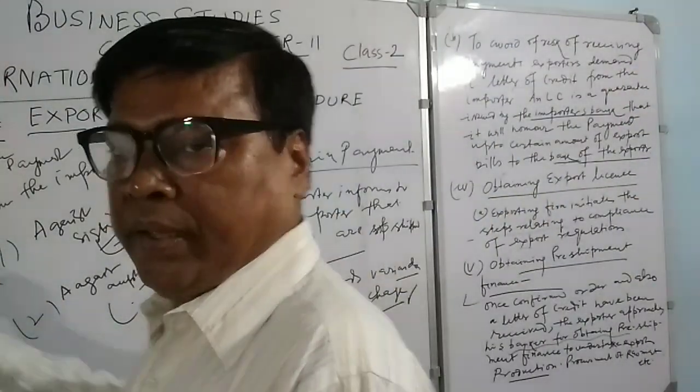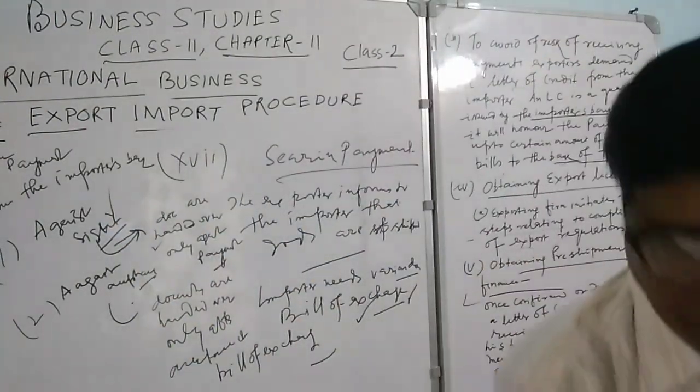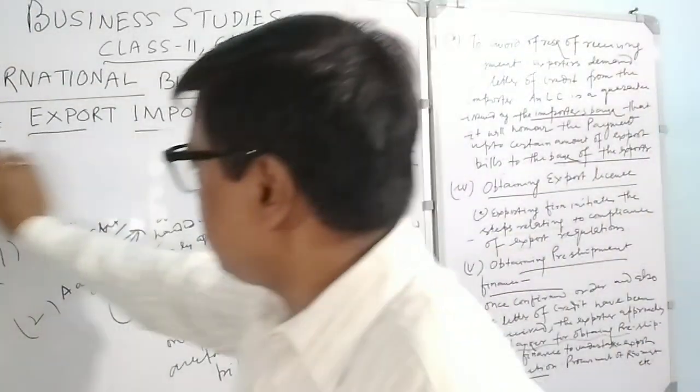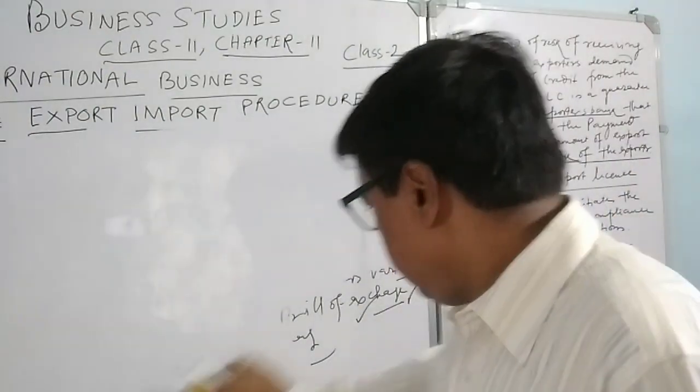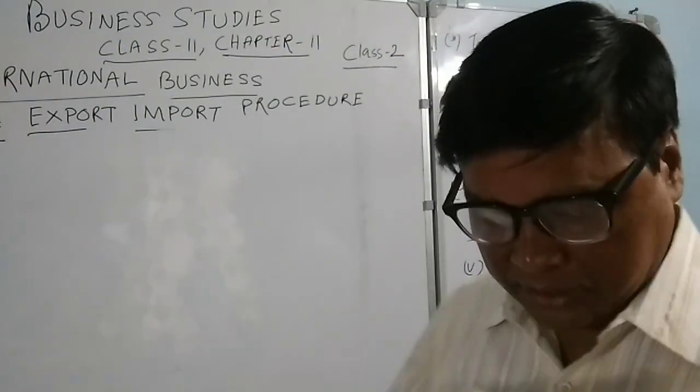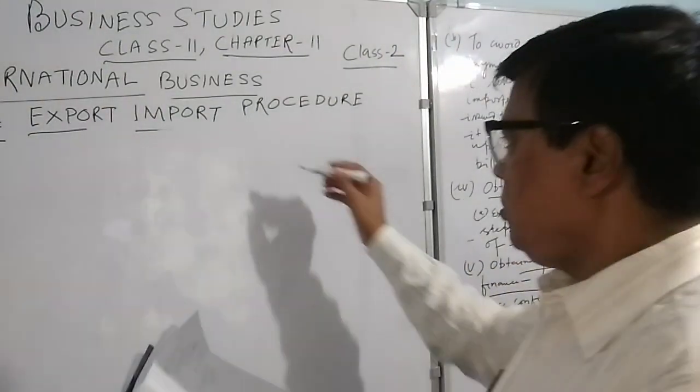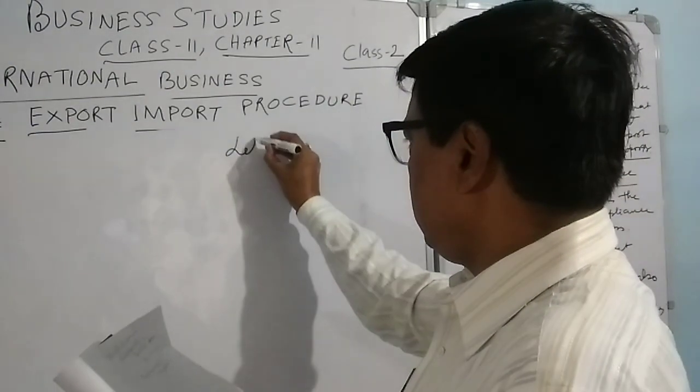Here one more thing is there. You have to recapitulate step by step and keep it in memory, because this is a little bit lengthy process of export. You have to complete it in one go, otherwise we cannot maintain continuity.